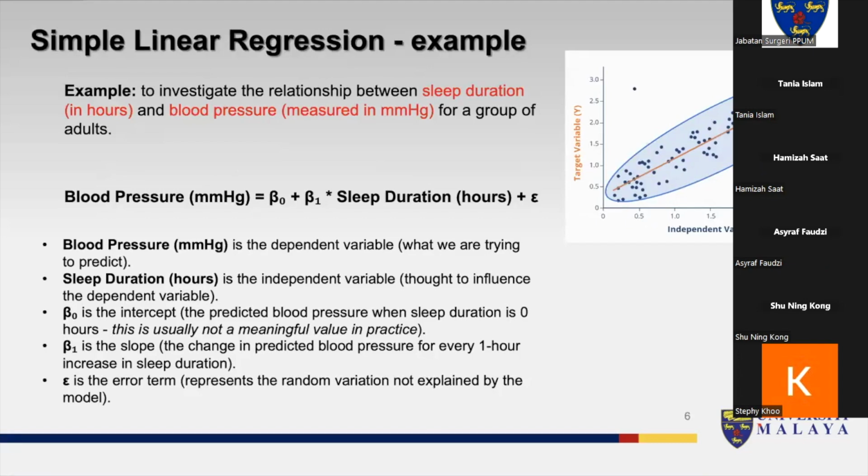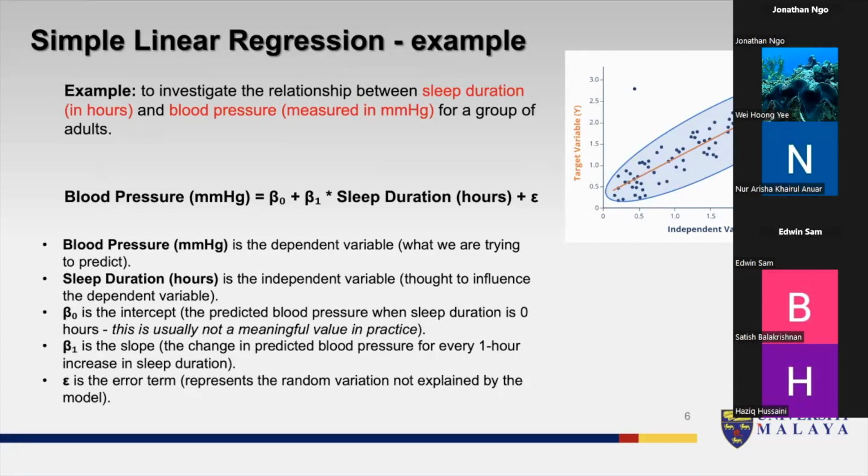For example, a researcher wants to investigate the relationship between sleep duration in hours, which is your independent variable, and blood pressure measured in millimeters of mercury for a group of adults. Your equation will be blood pressure, your dependent variable, equals beta 0, your intercept, which is the predicted blood pressure when sleep duration is 0, although in this case it's not meaningful in practice.